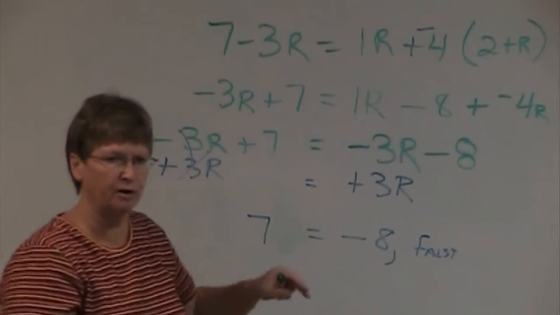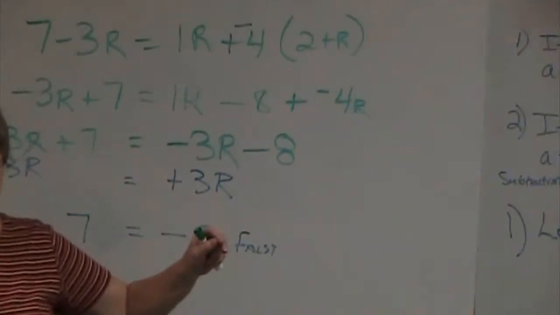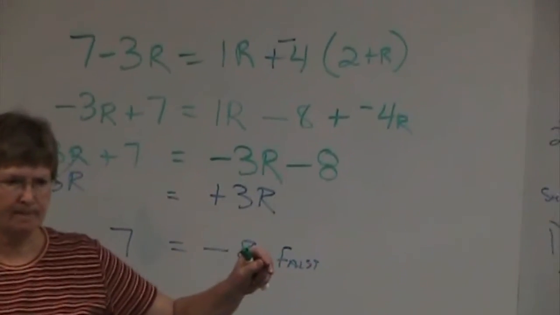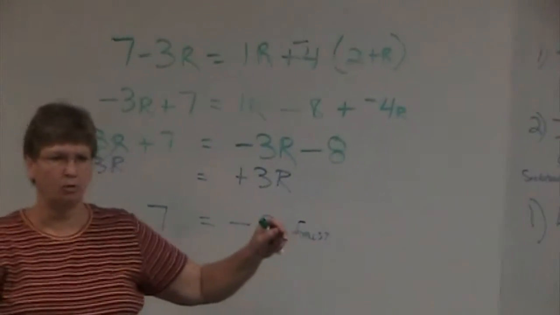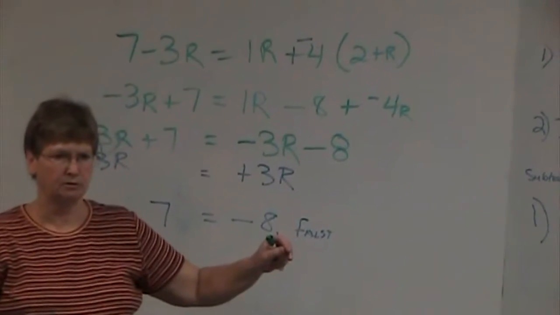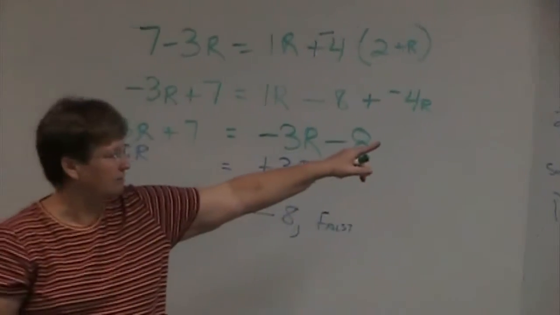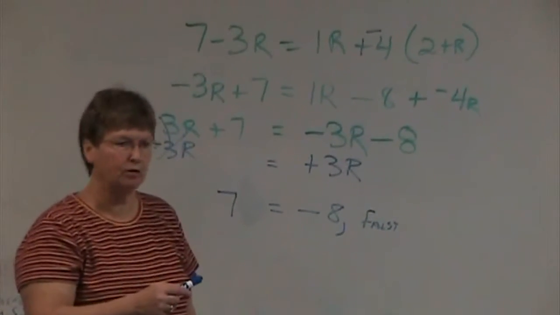When you lose your variable and you get a false, Daniel, what's the answer? It is false. What's the answer when it's false? That's what I asked you. I don't know. 0 equals... Right there, no solution. Write that rule down.